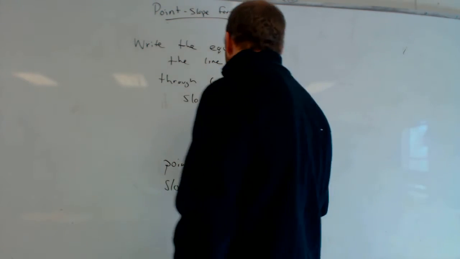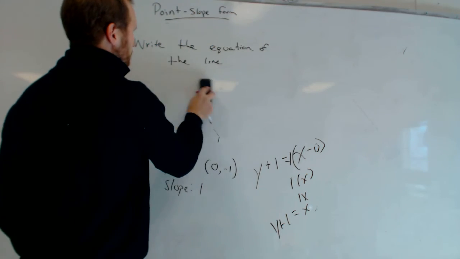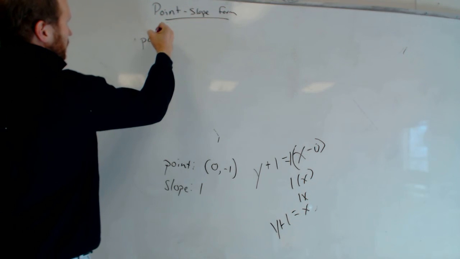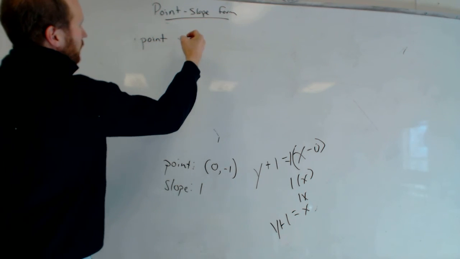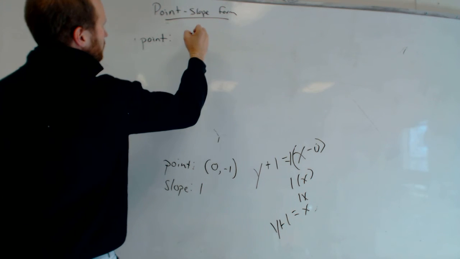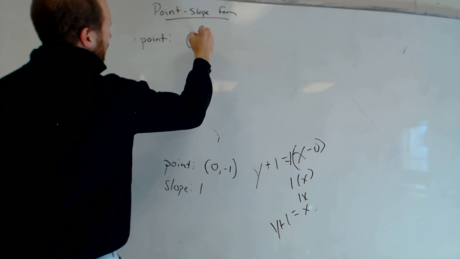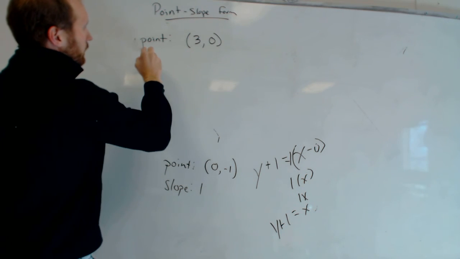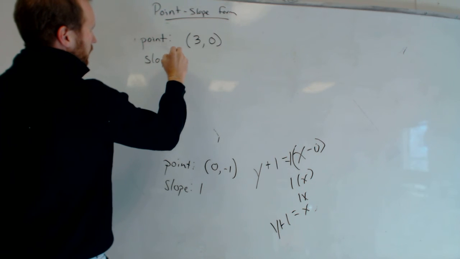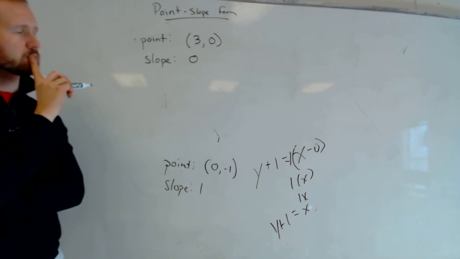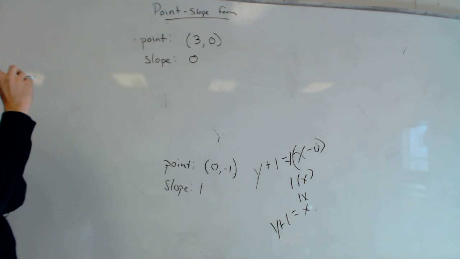All right, let's do kind of a weird one. Point 3 comma 0. Slope 0. Okay, what do I do here?